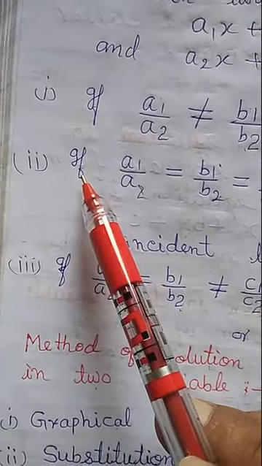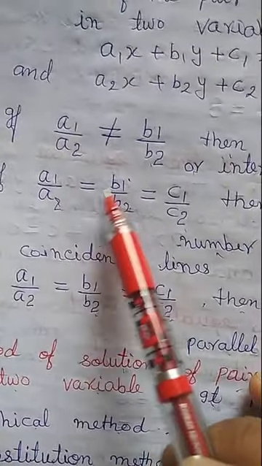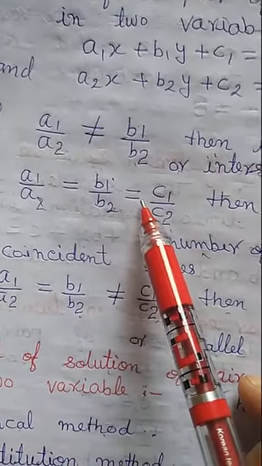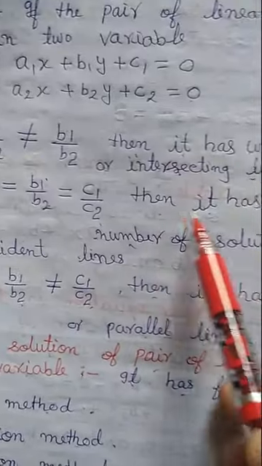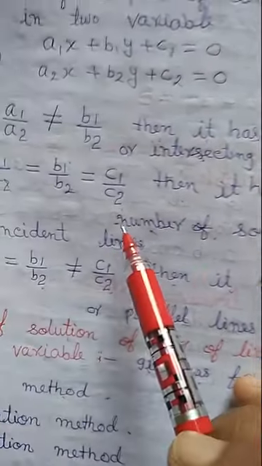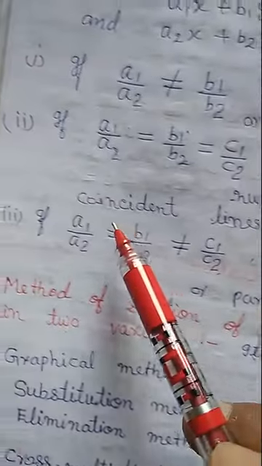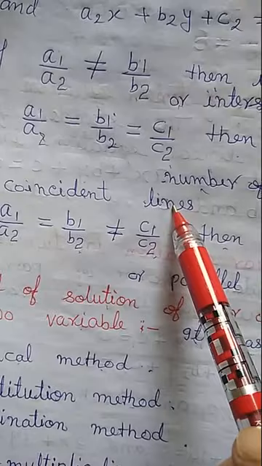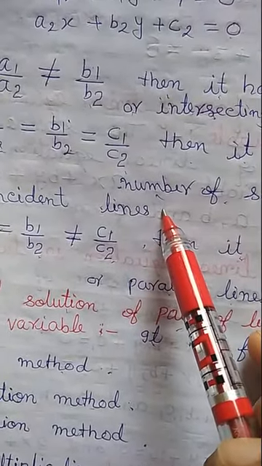Second, if a1 by a2 equal to b1 by b2 equal to c1 by c2, then it has infinite number of solutions, or coincident lines, or it is consistent.